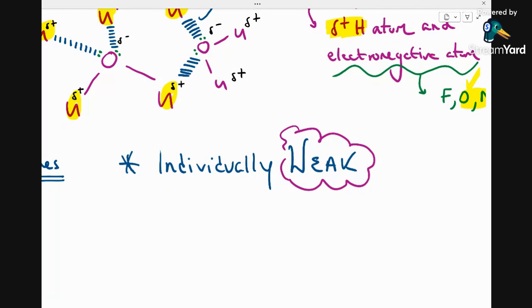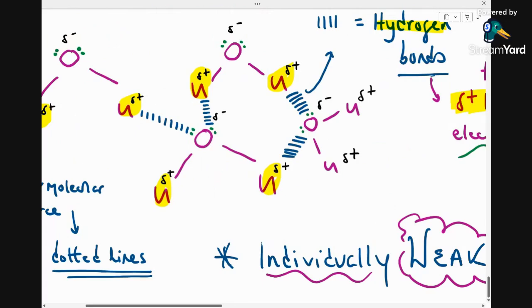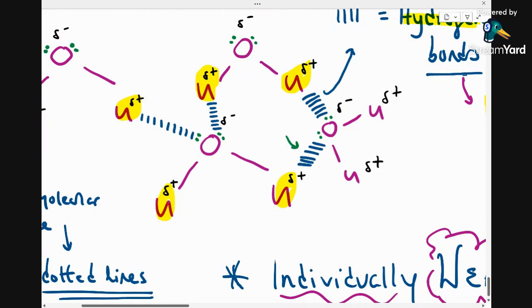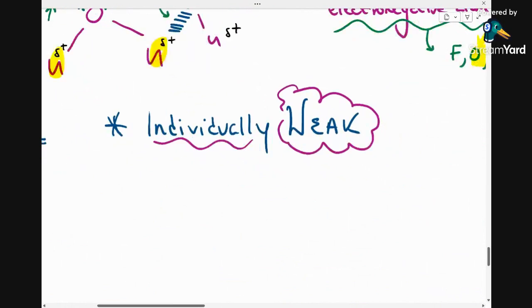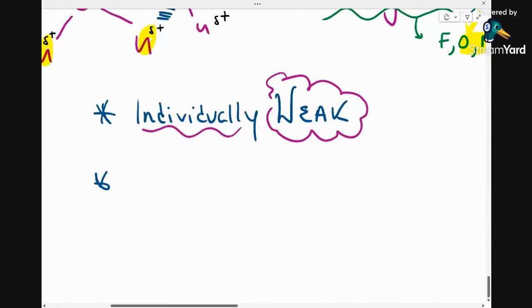So important is that they're individually very weak. We can break all of these one by one, very easy to break this one, etc. But the importance of this in biology is that collectively, as a collective, they are exceptionally strong.